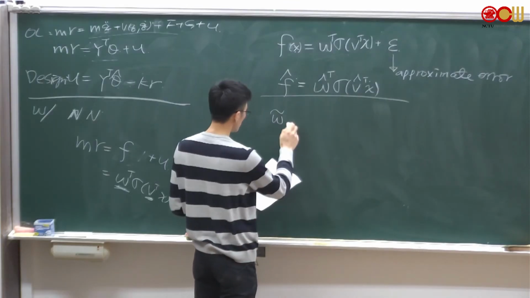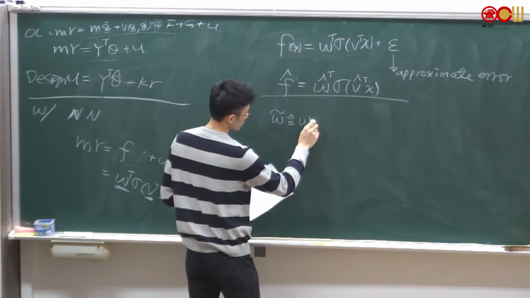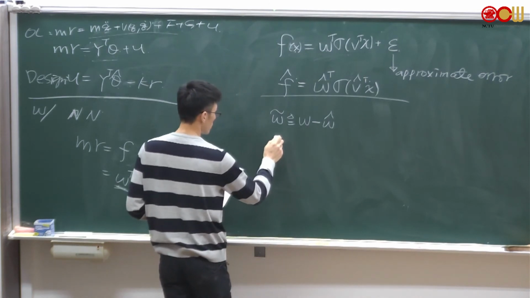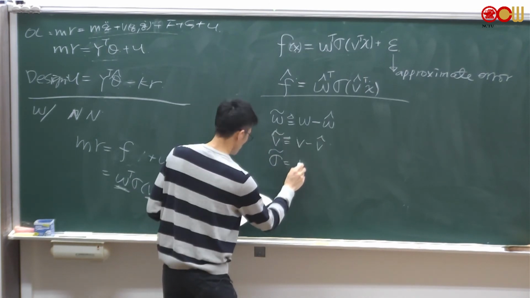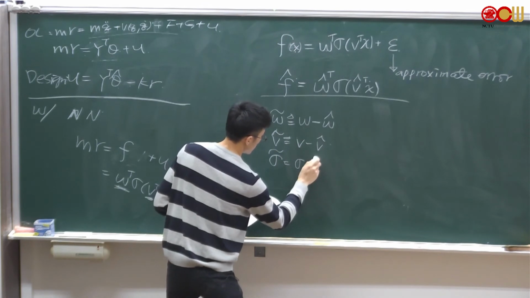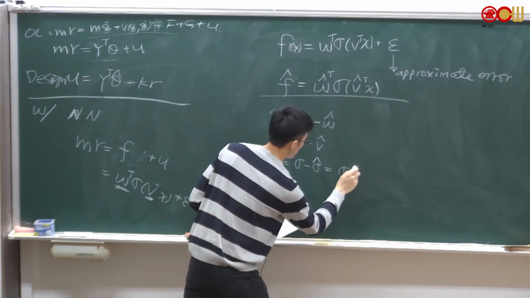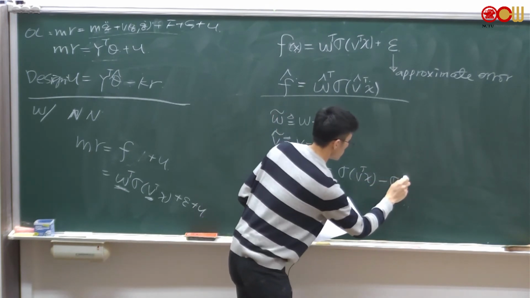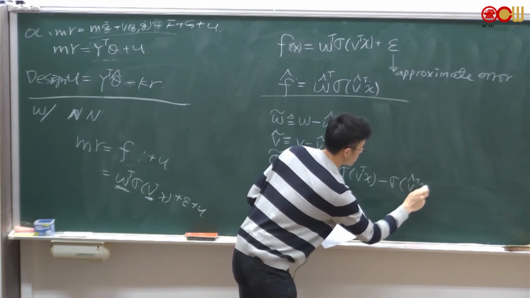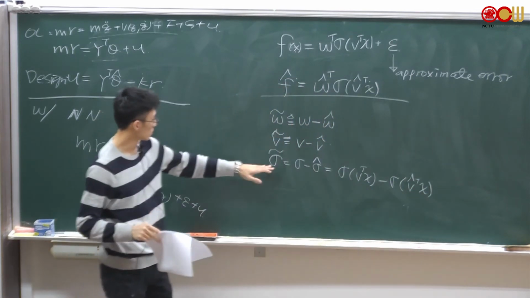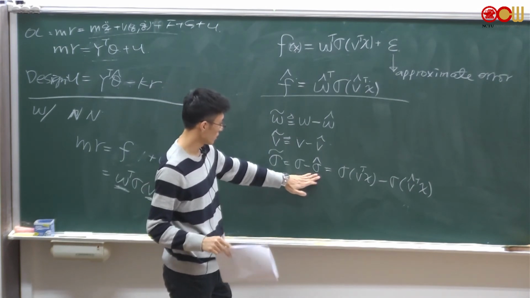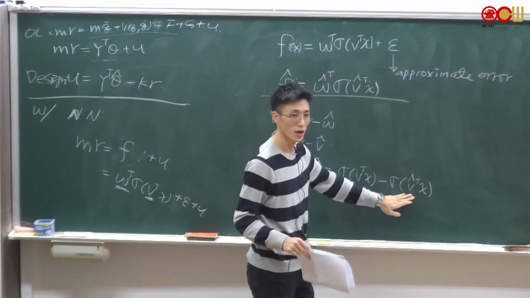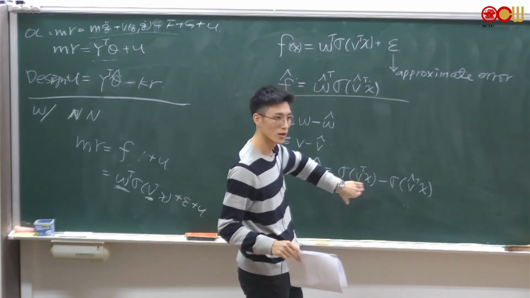The estimate error can be defined as the true weighting minus the estimate. The difference in the output of the activation function is the difference with the true V value and the estimate V value as an argument of the activation function.